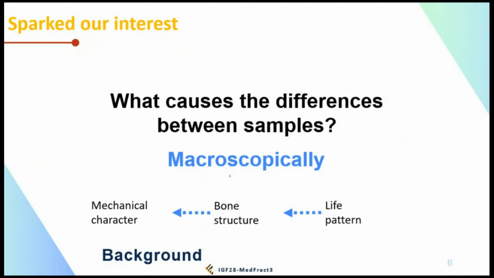At the macroscopic level, the difference in trabecular bone structures like the distribution, the orientation, and the morphology may alter the bone mechanical response. And this structural difference may reflect the lifelong patterns of loading or unloading.